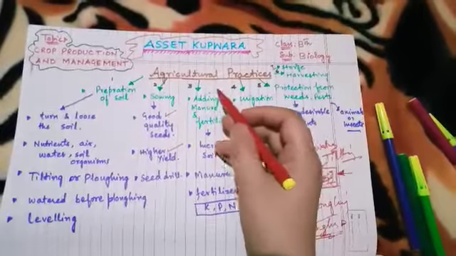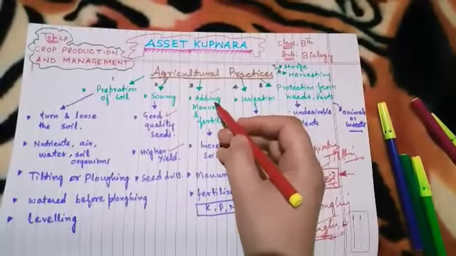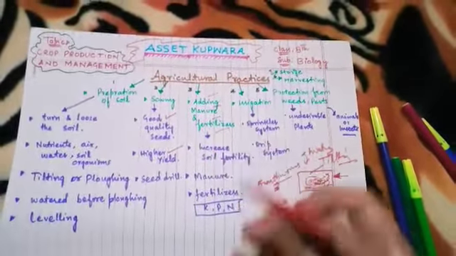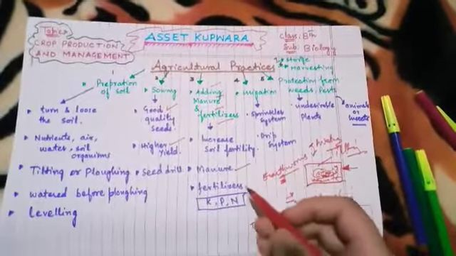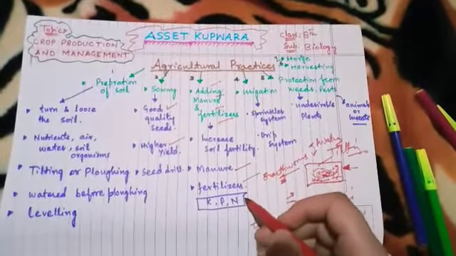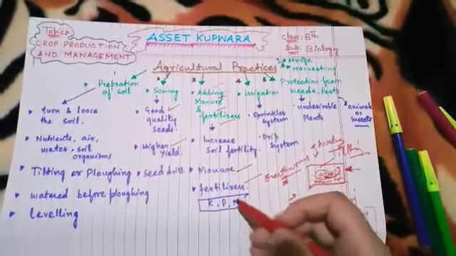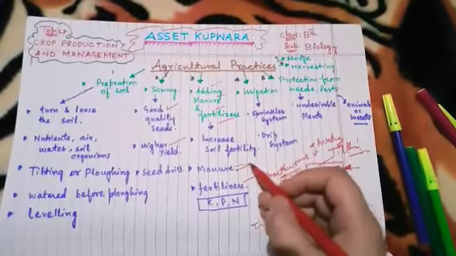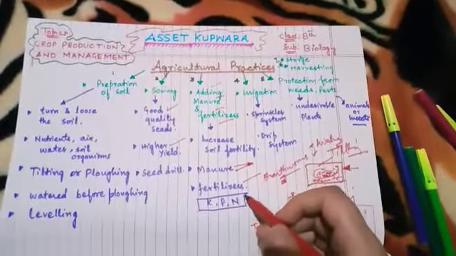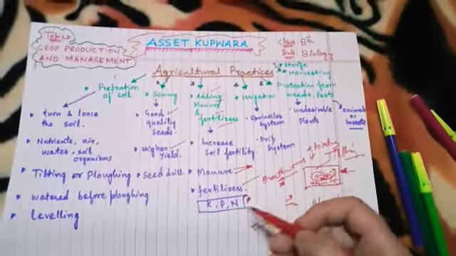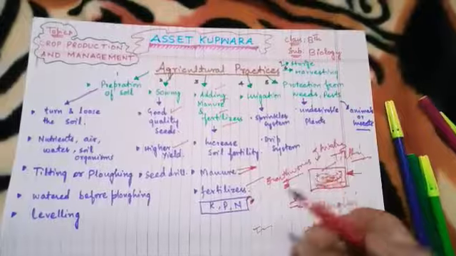And then he adds manures and fertilizers. Manures are organic substances, and fertilizers are inorganic. What do organic and inorganic mean? Organic means we can prepare it at our home, and fertilizers are mainly prepared in factories and labs.